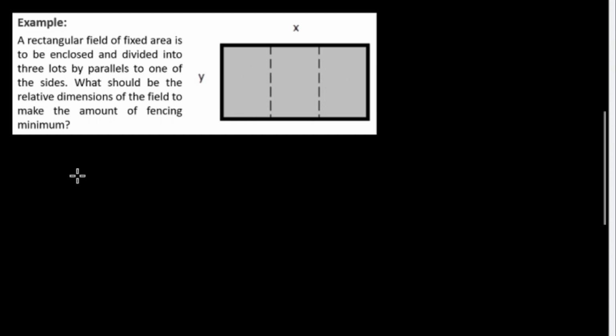So the area of the rectangular field is equivalent to the width and length, or x times y. This is the product rule, so x times y prime plus y times the derivative of x, which is 1, is equal to the derivative of the area.